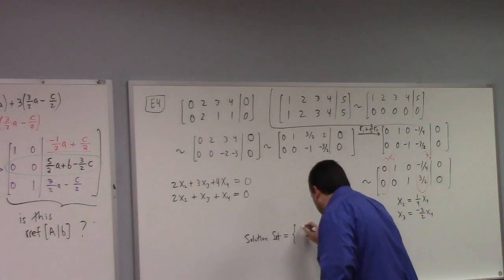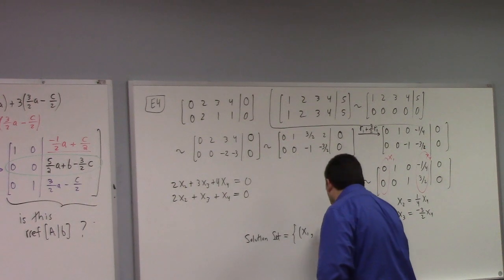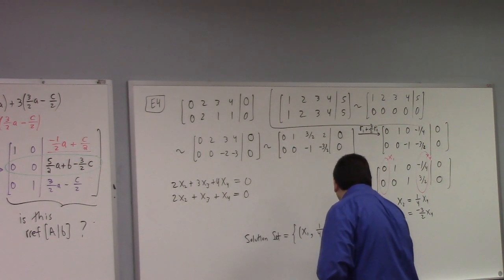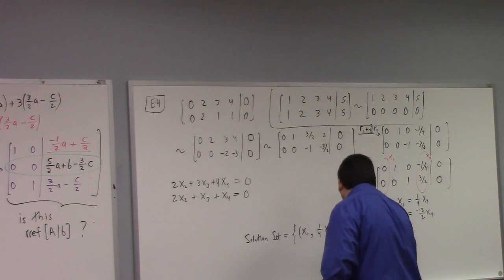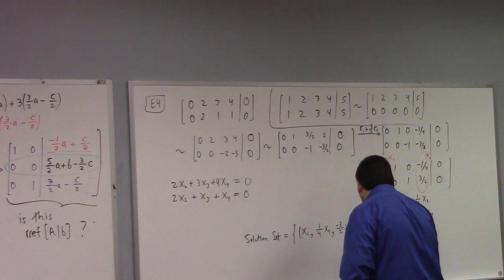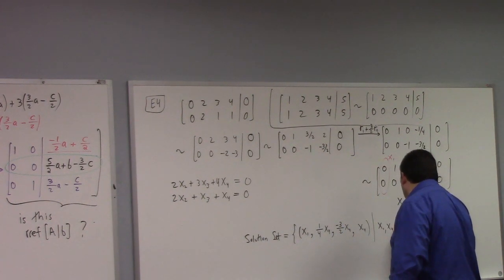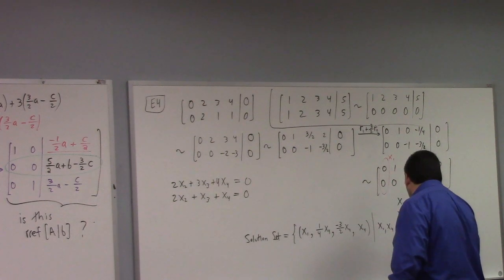So the solution set is x1, comma, 1/4 x4, comma, -3/2 x4, comma, x4, such that x1 and x4 are real numbers, because we keep it real in here.